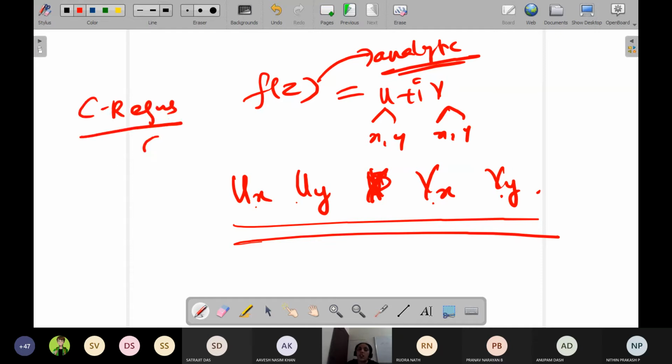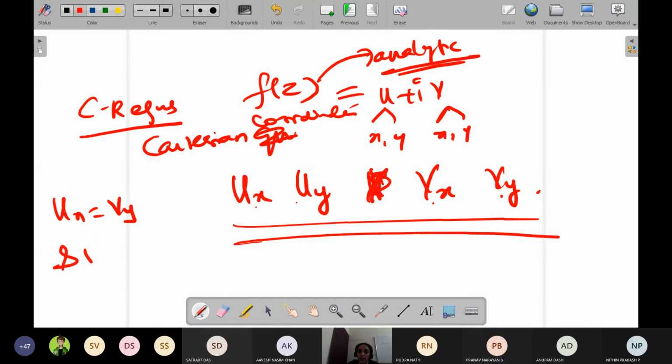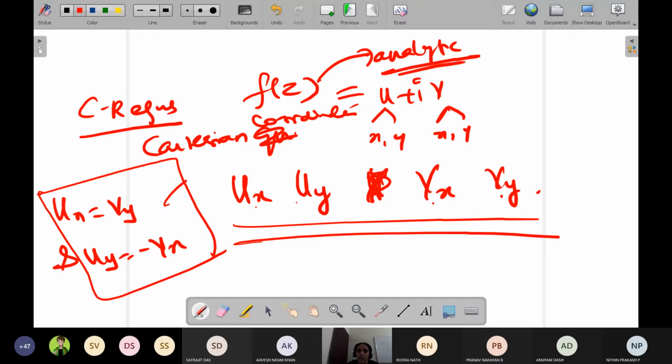What are the CR equations in Cartesian coordinates? ux equals vy and uy equals minus vx. If these two equations are satisfied, then we say that the given function f of z is analytic. So there are 2-3 ways to prove the analyticity of the problem. One is using the CR equation.